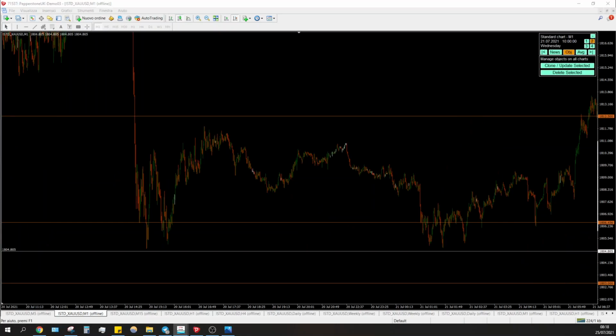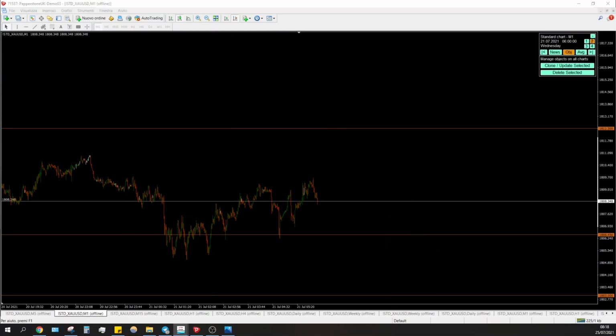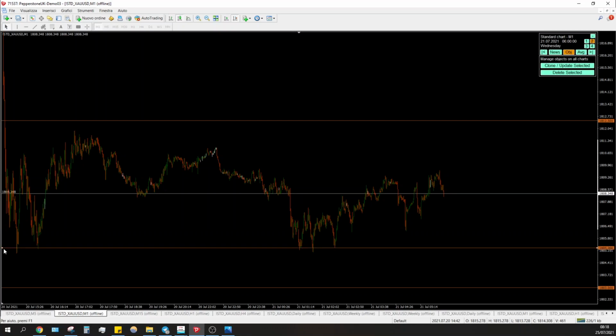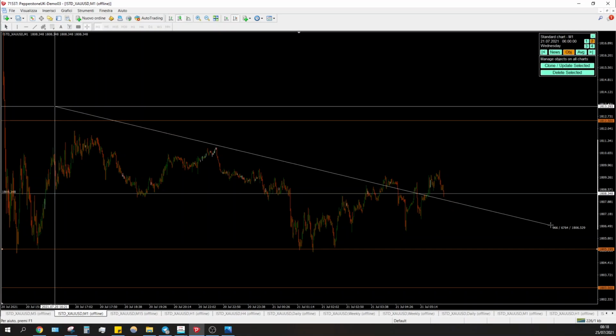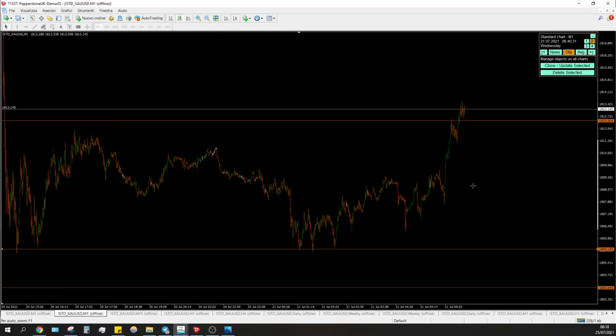If I do this, let's go back a couple hours. This is the wedge. This is against the level, where it is failing to break below. We see the last touches, price continuing up, and then making the breakout move of 60 pips that we were expecting.